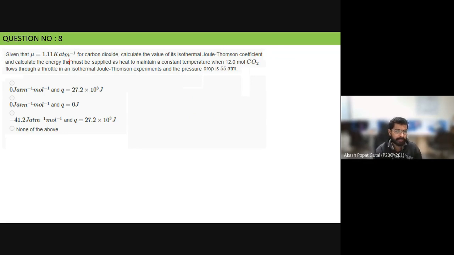So mu is given. There is one requirement which is not given in this particular problem: the Cp for CO2 is 37.35 joule mole inverse Kelvin inverse. So considering this value, calculate the things.